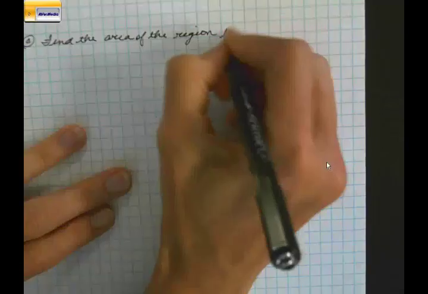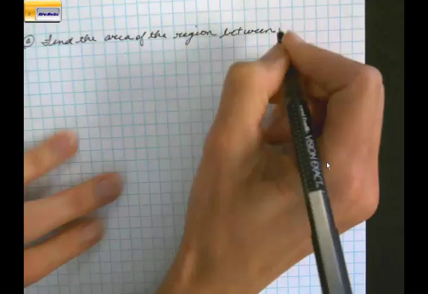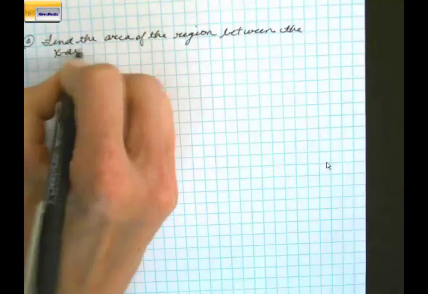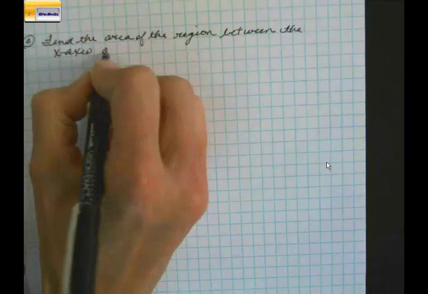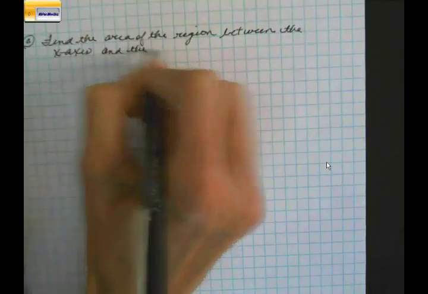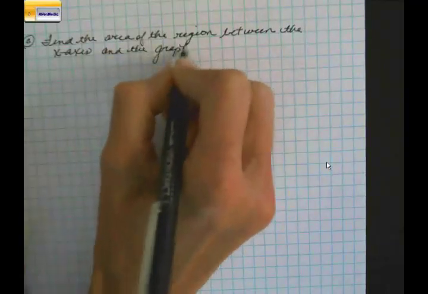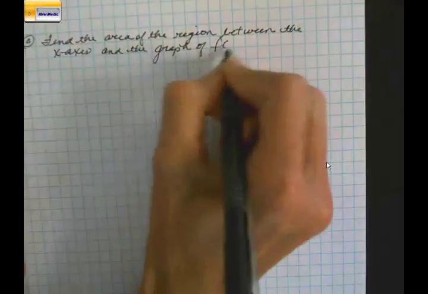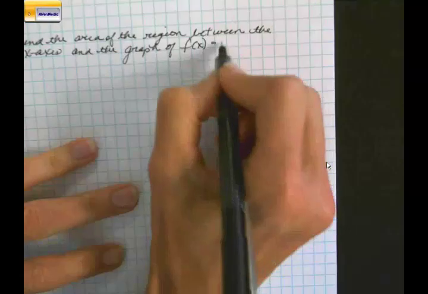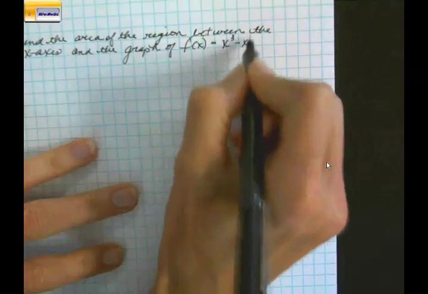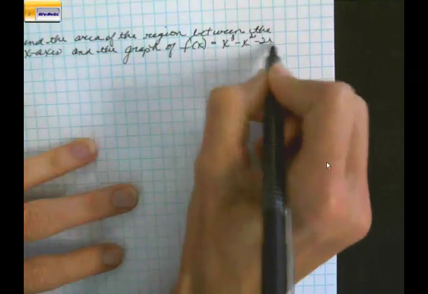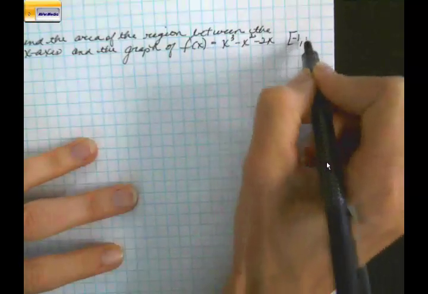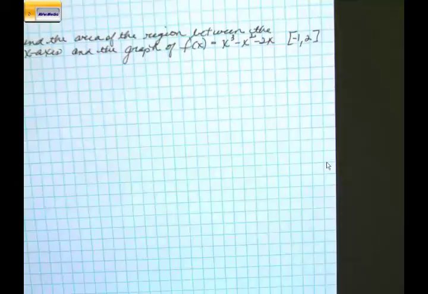Of the region between the x-axis and the graph of f of x equaling x cubed minus x squared minus 2x, and you're looking in the interval of negative 1 to 2.